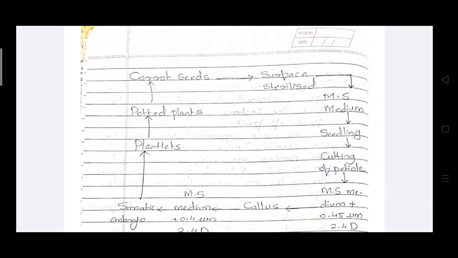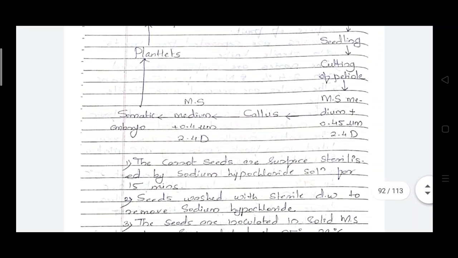This callus is again transferred on the MS medium with supply of 2,4-D. So we can get the somatic embryo. Then this somatic embryo is developed into plantlets. These plantlets are again potted, and we can get the entire carrot plants.